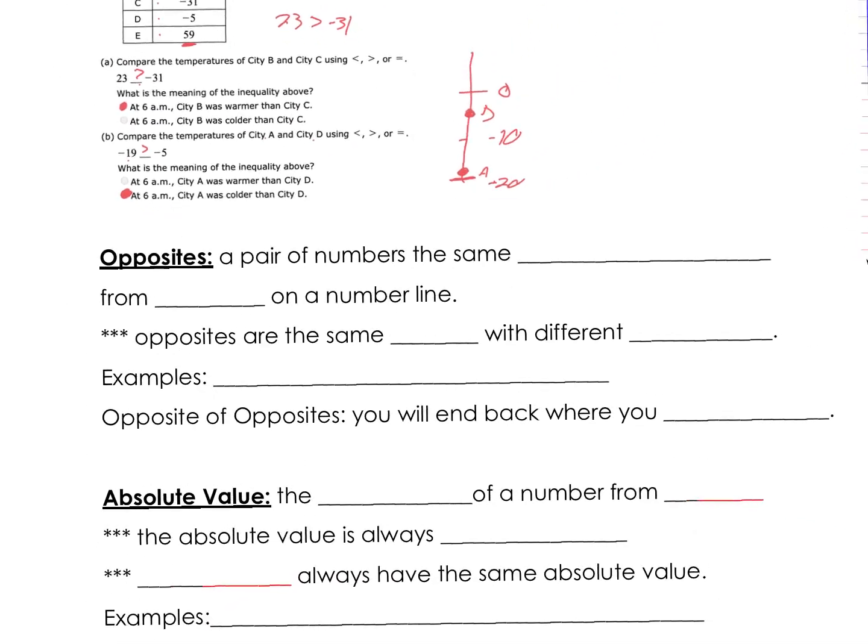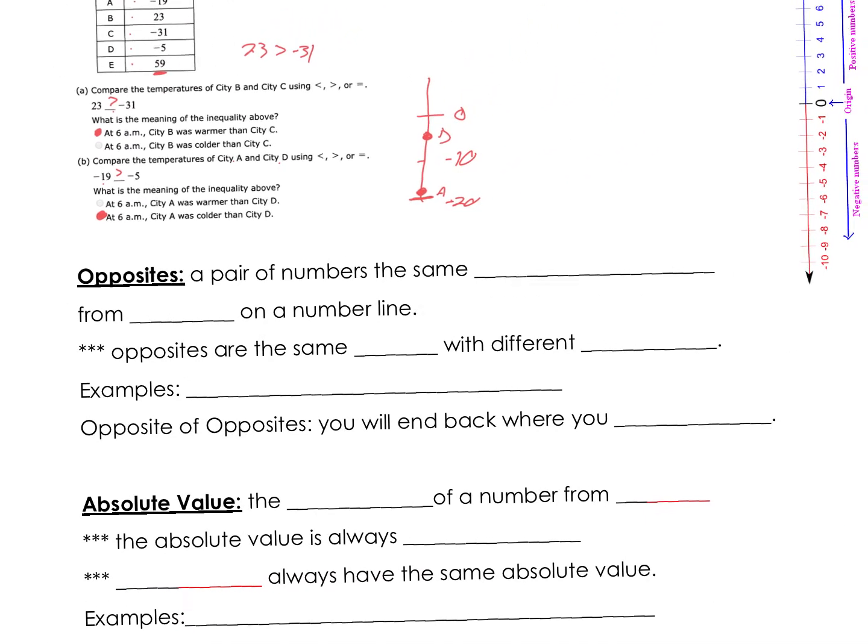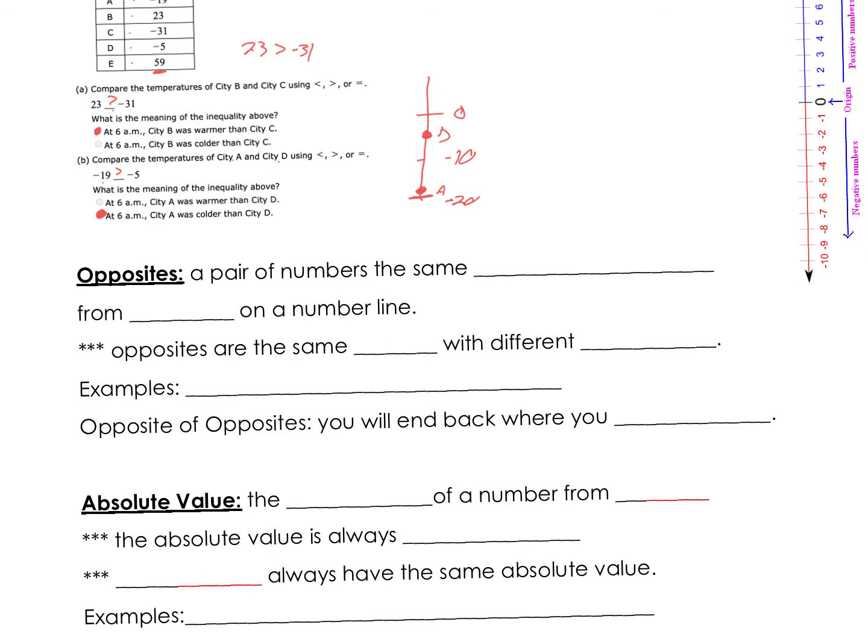Let's talk about opposites now. What are opposites? Well, opposites are a pair of numbers the same distance from 0 on a number line. Okay, so the opposite of 5.